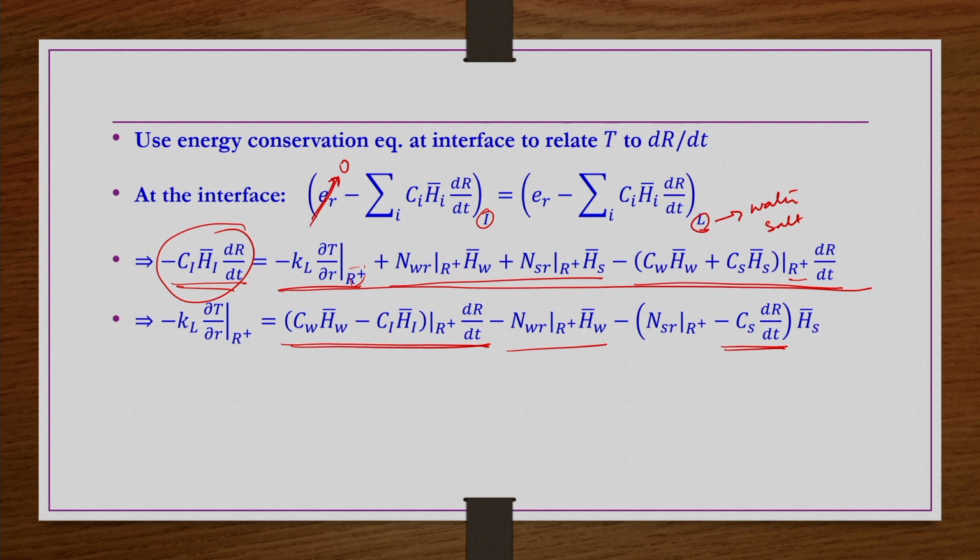Fine. We found just now in one of the previous slides that N_S,R at R comma t is nothing but C_S dR/dt at R comma t. So, these two terms together are 0, because this equals this one, and one has plus, another has minus.